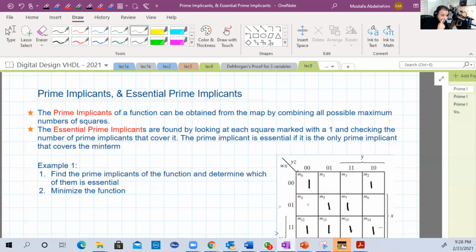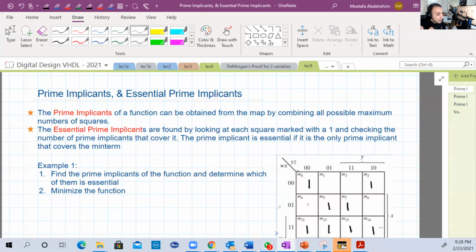So what is the essential prime implicant? Basically, an essential prime implicant is a prime implicant that has a special characteristic: if you look at the ones in that prime implicant, you will find that at least one of them belongs only to that prime implicant, and does not belong to any other group of ones or any other implicants.